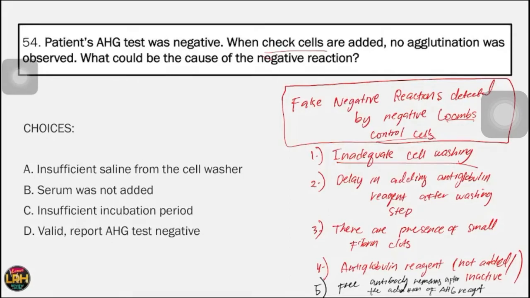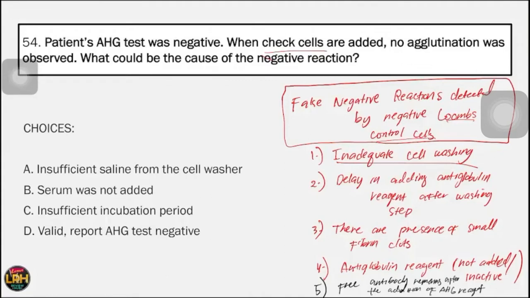Number 2, there could be a delay in adding the antiglobulin reagent after the washing step. Number 3, there is presence of small fibrin clots. Number 4, antiglobulin reagent could possibly not be added, or the AHG reagent is inactivated. And lastly, there is the possibility that free antibodies remain after the addition of the AHG reagent.